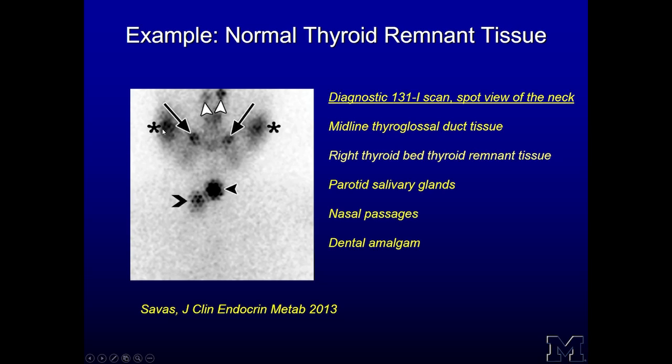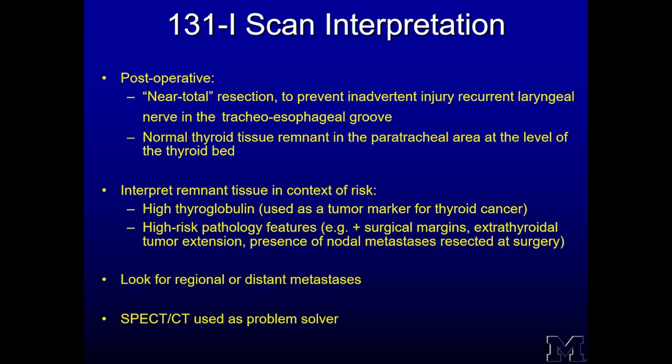There is physiologic uptake in the parotid salivary glands, physiologic uptake in the nasal passages, and here is actually iodine adhesion to metallic dental material found in the mouth, dental amalgam.